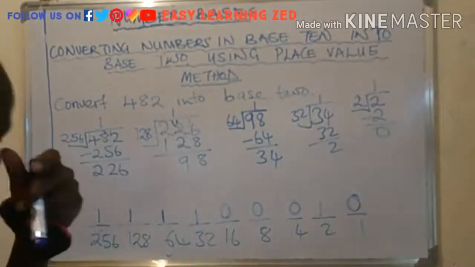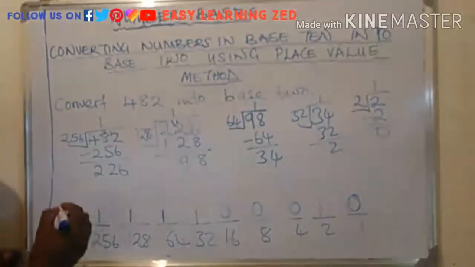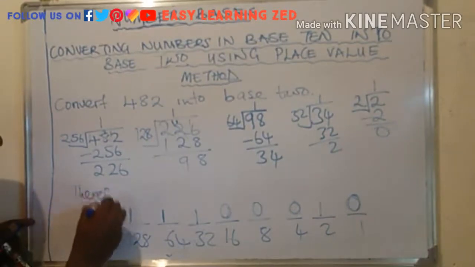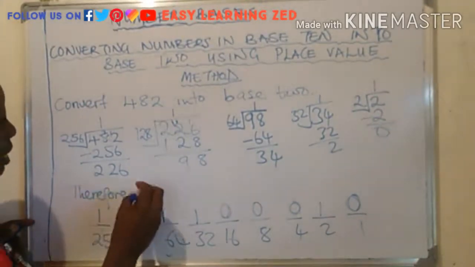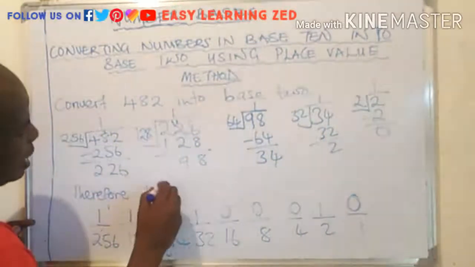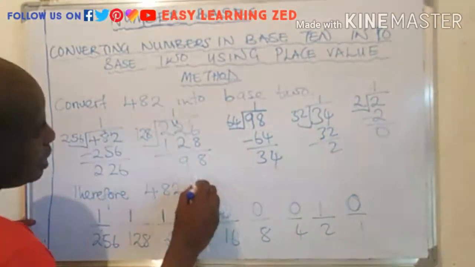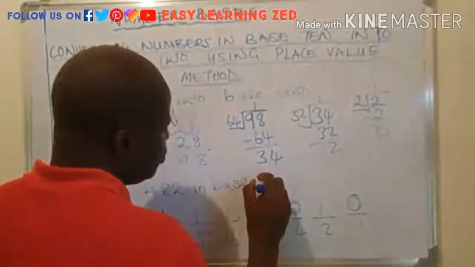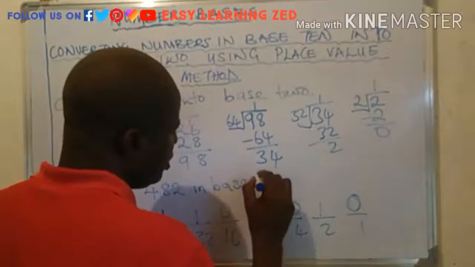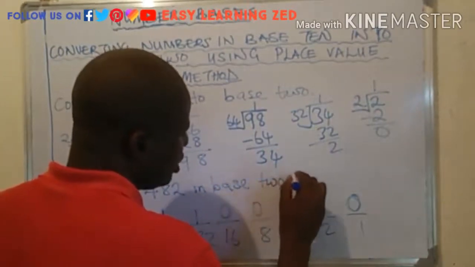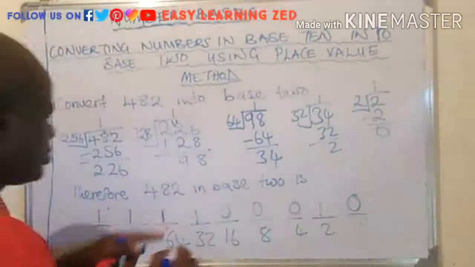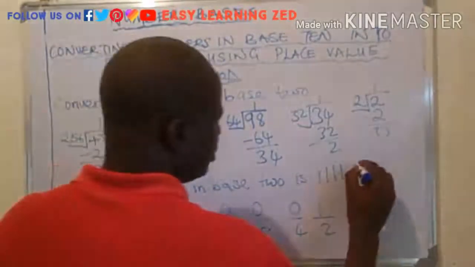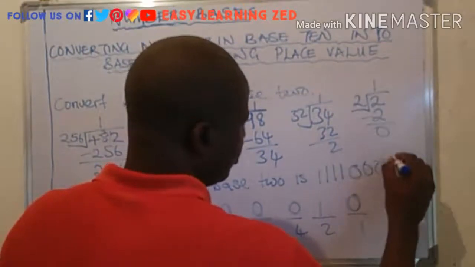So now let me write my statement here. Therefore, 482 in base 2 is, quadruple 1s, 1 2 3 4, triple 0, then 1 0.